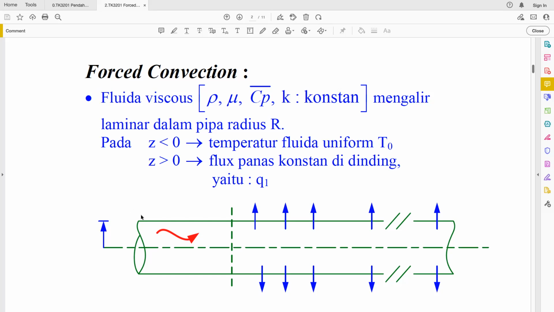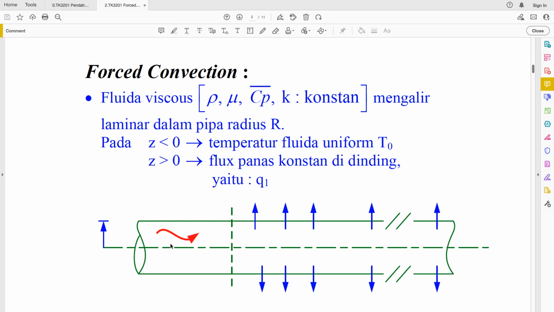For example, inside the pipe there is a fluid that is flowing with some velocity. It is usually a closed pipe, which means all the fluid fills the pipe, so it is like a closed system.